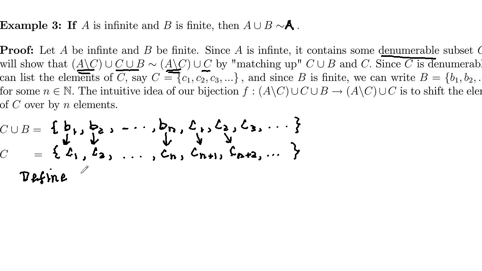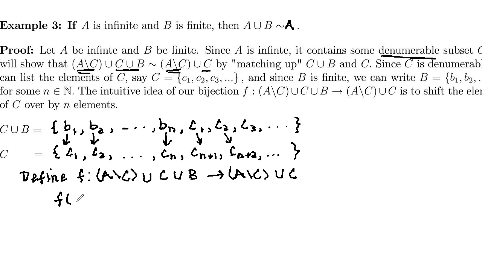f, and this function is going to go from A minus C union C union B onto A minus C union C. Okay, and I am going to define in the first portion here, A minus C to A minus C. There, f of a is just going to equal a.